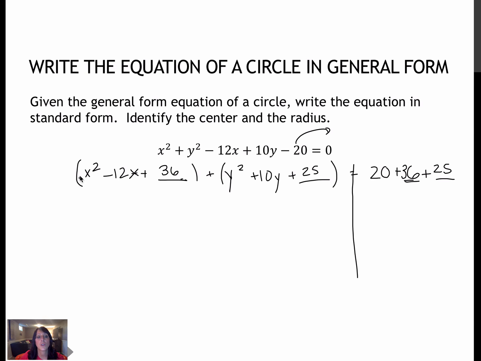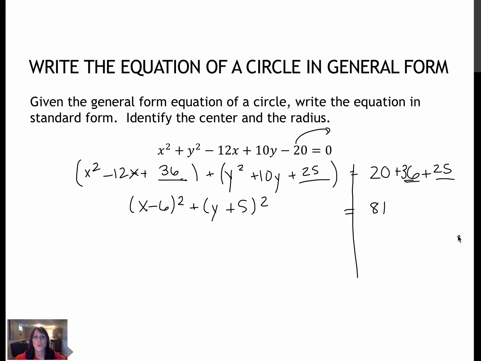So this first set of three values now becomes x minus 6 quantity squared. Remember, that came from half of the minus 12. And then this second set of values is going to turn into y plus 5 quantity squared. And on this side, I have 20 plus 36, which is 56, plus 25, which is 81.